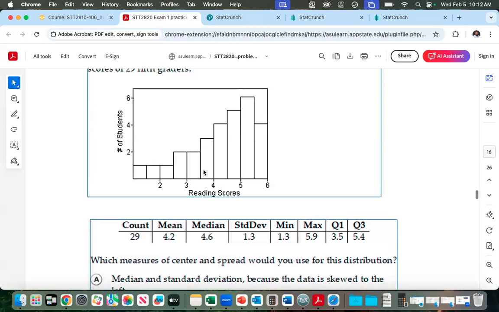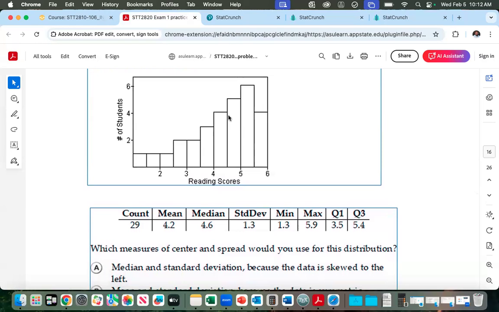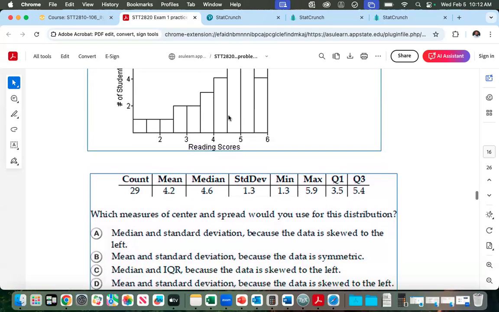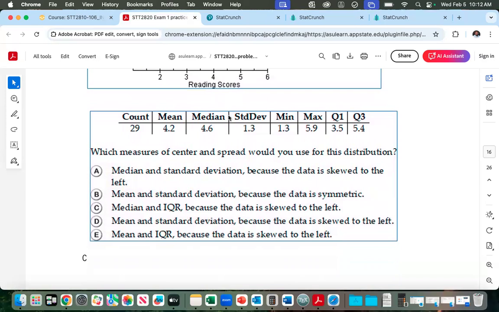And so the measure of center too, instead of using the mean, we are going to use the median because this is a skewed distribution. So for the measure of center, it's going to be the median, and then the spread would be the IQR. So you see the question says measure of center.